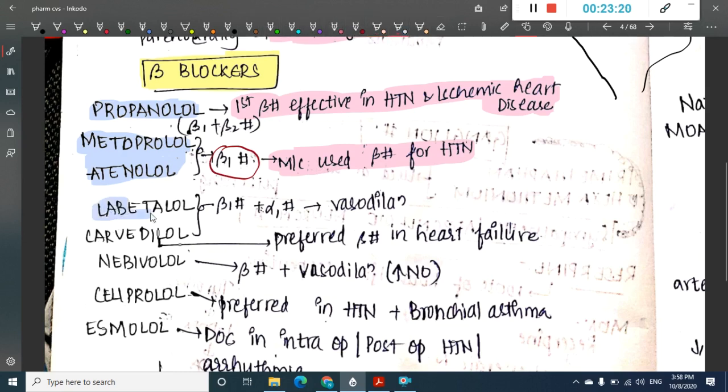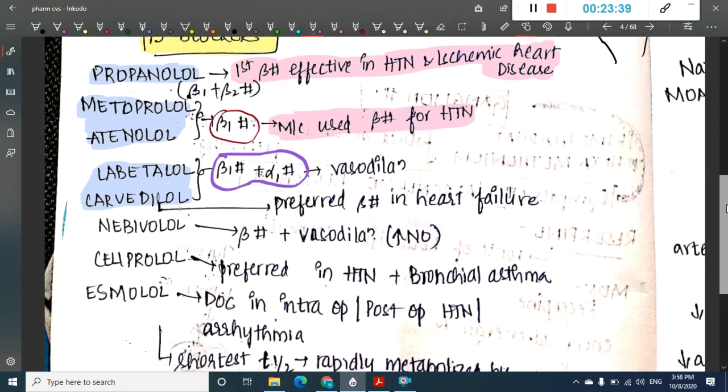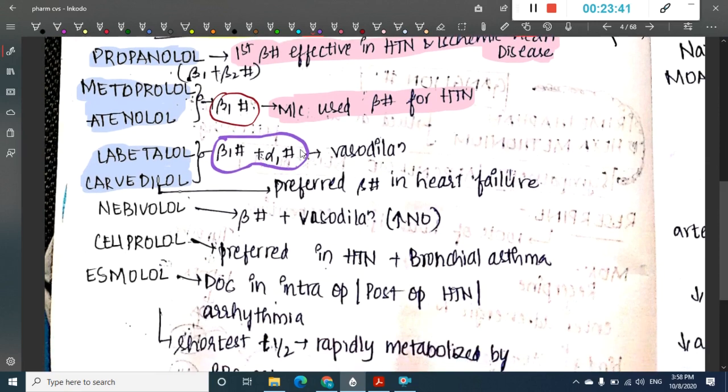Then the next drugs are labetalol and carvedilol. What do labetalol and carvedilol do? These are beta 1 blockers plus alpha 1 blockers. They have beta 1 and alpha 1 blocking activity. What does an alpha 1 blocker do?